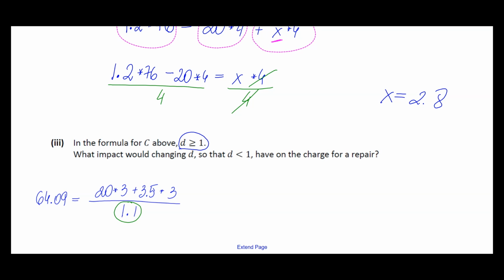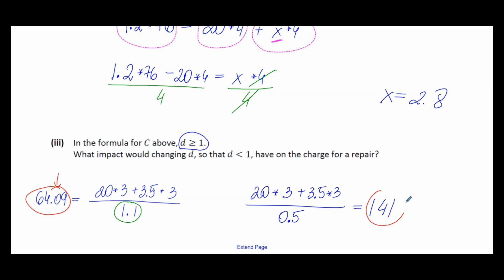So what will happen to the charge? When D was 1.1, that was the charge. What will happen if we change that discount to less than 1? Let's pick a value, say 0.5. Again, we put that in the calculator, and we get 141.